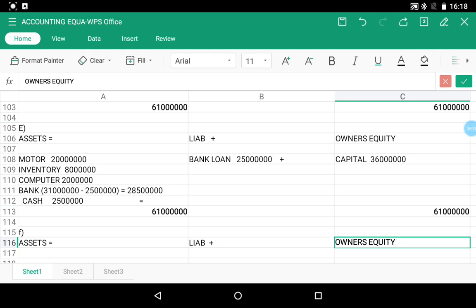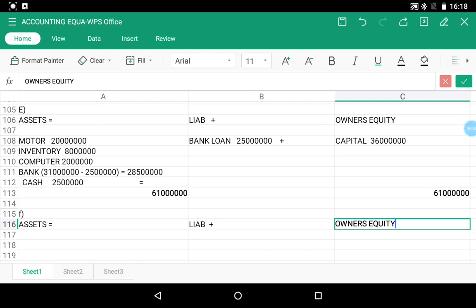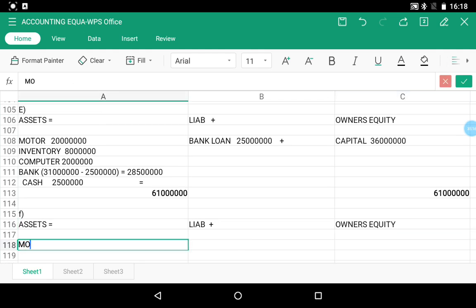So let us do our transaction. Of course, we are starting with our motor vehicle worth 20 million. Now, under accounting equation, you first state what you have. As for a business, it continues. Every day you make transactions. You buy products, you sell products. For the accounting equation, it's as if we are running a business.